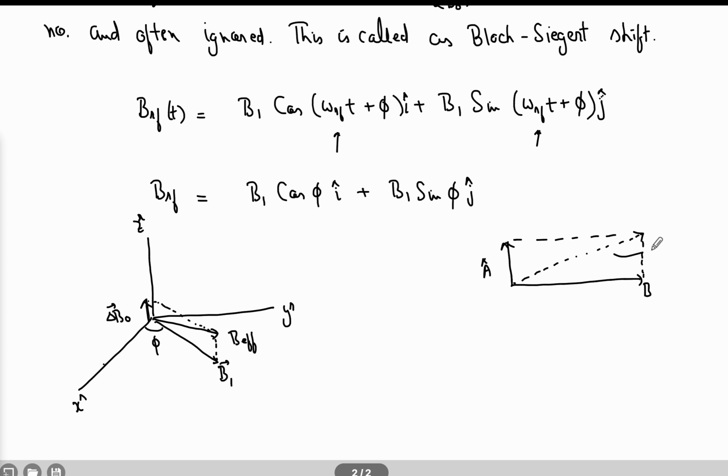So this vector R will be equal to A plus B. So similarly here we have B effective, that is, the effective field is now equal to the vector ΔB0 plus B1, okay, or B_RF we can write, because this is the B_RF.